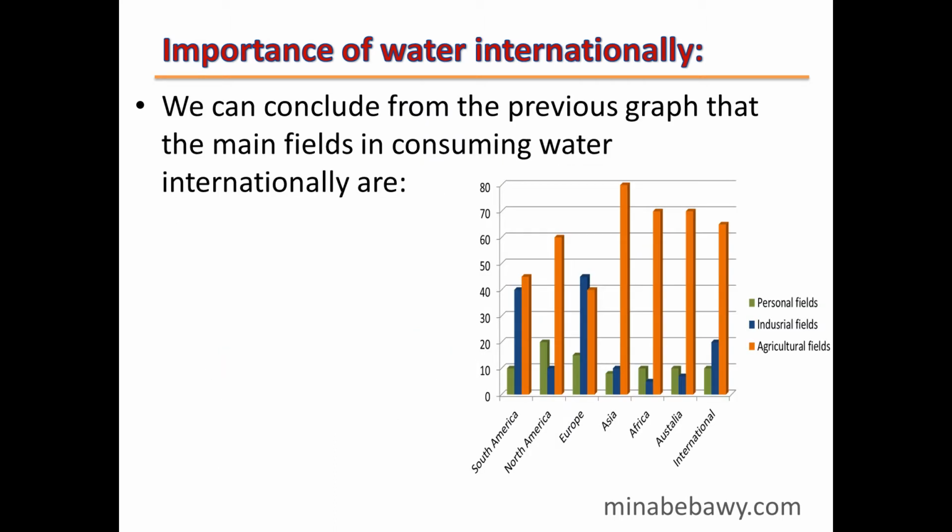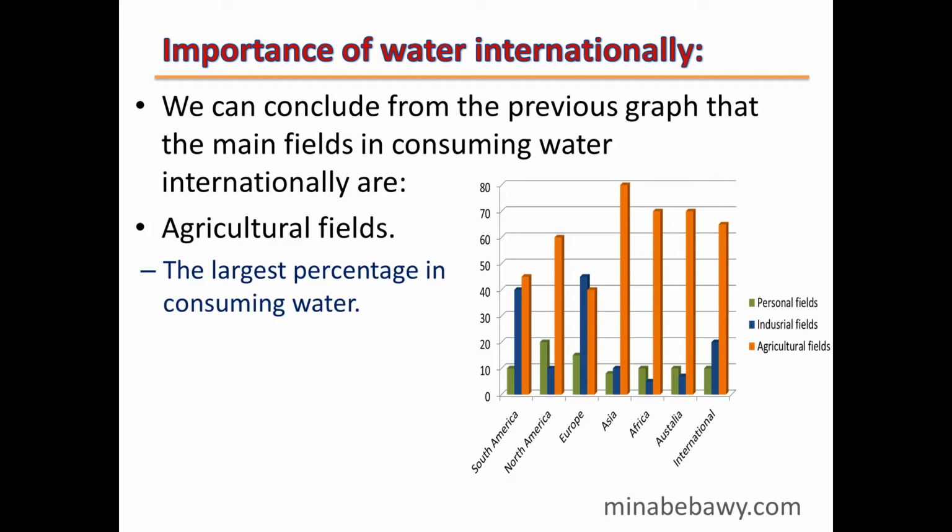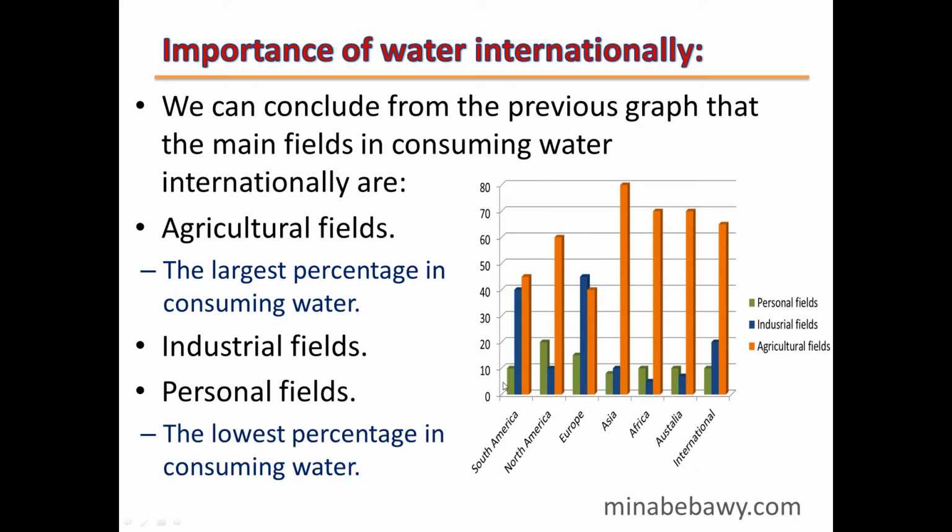We can conclude from the previous graph that the main fields in consuming water internationally are agriculture fields, which represent the largest percentage in consuming water, as you can see from this graph, industrial fields, which is represented by blue bars, and finally, personal fields, which are represented by green bars, which represent the lowest percentage in consuming water.